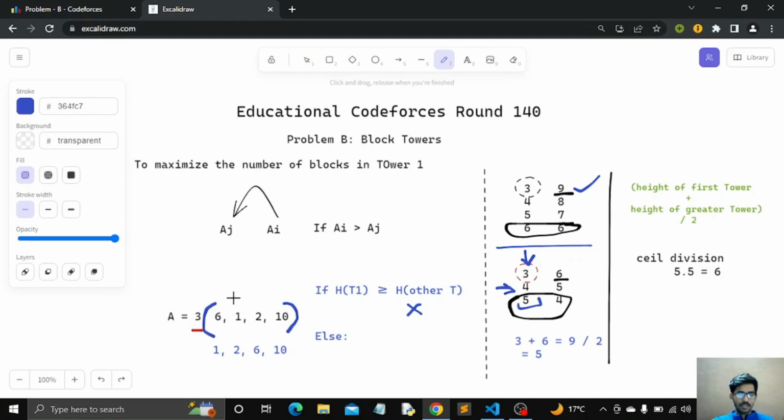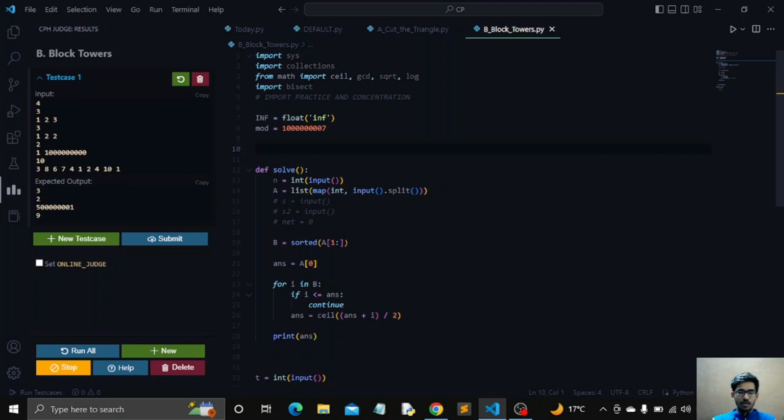So now let us see the code and it will be more clear. This is the code. Firstly we are taking the input. So n is the number of towers, and in the next line we are inputting the array where each element represents the height or number of blocks in the ith tower.